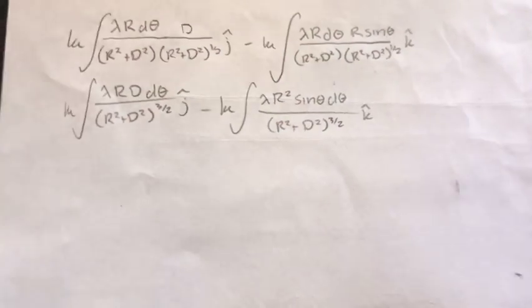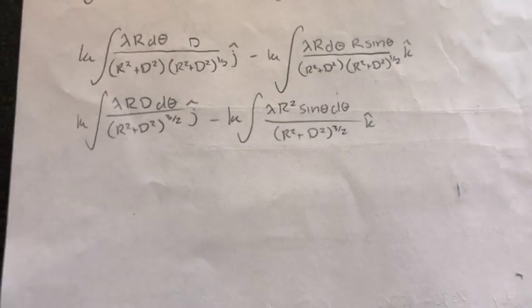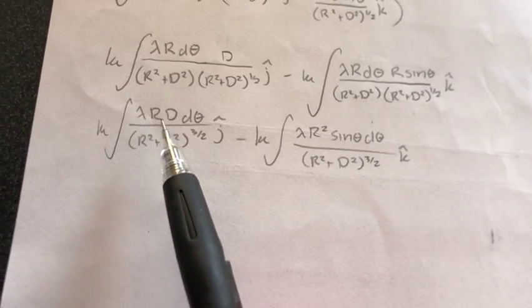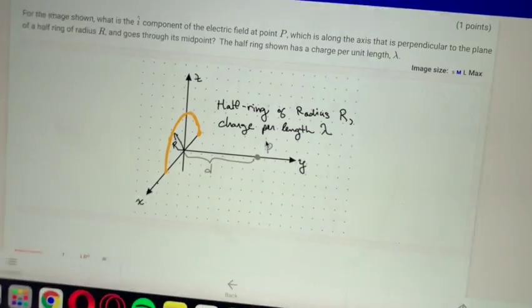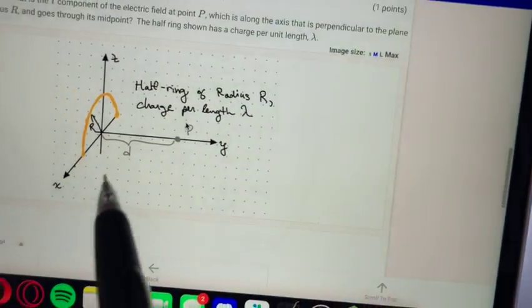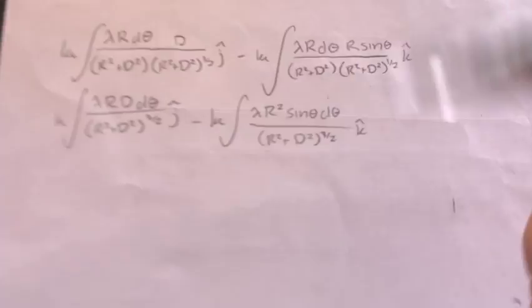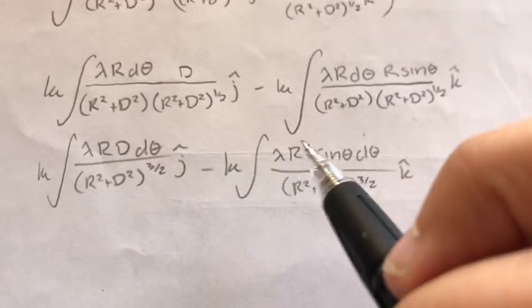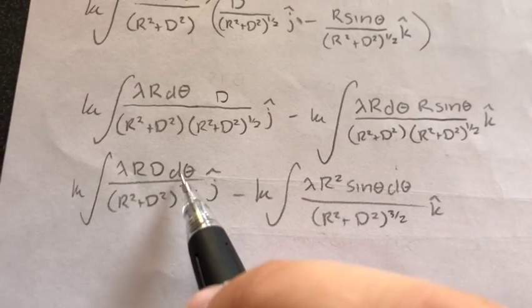So now I'm just going to pull out all of the constants from each of the integrals. Because everything, lambda is a constant, R was given by the graph as a constant. This uppercase D, remember, was just the same as this lowercase d. I just changed it for simplicity, for not getting confused with this lowercase d.